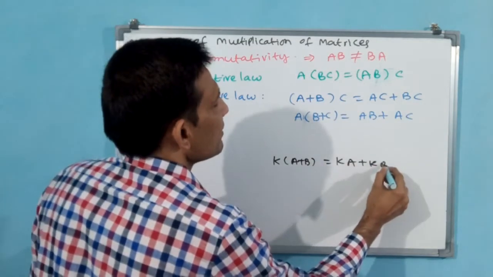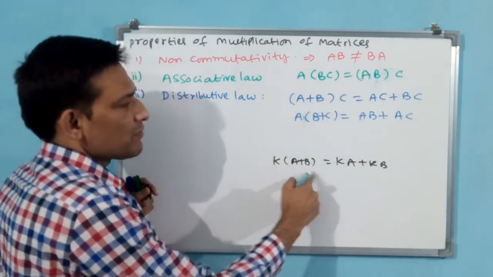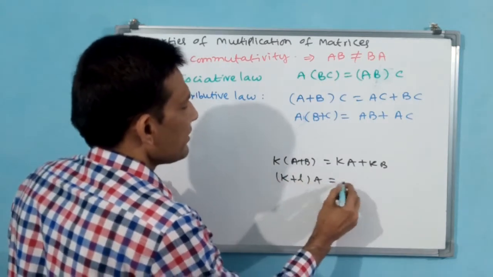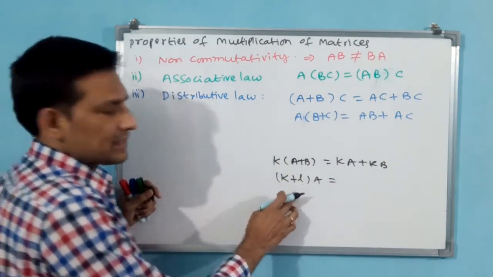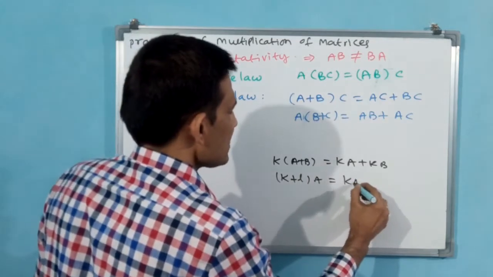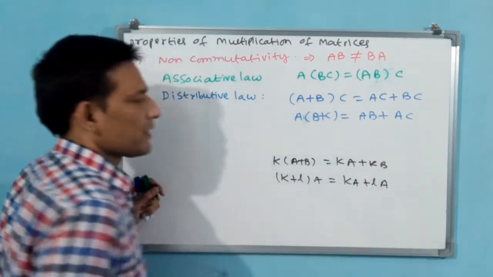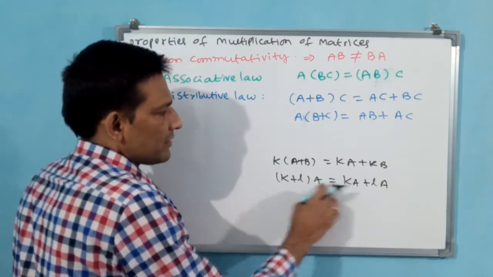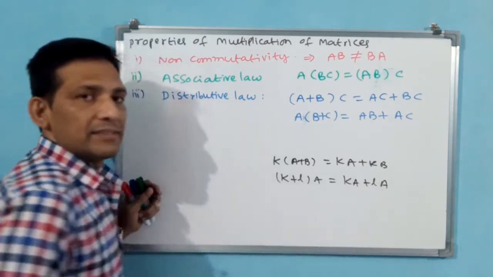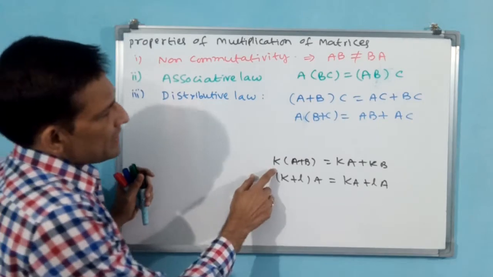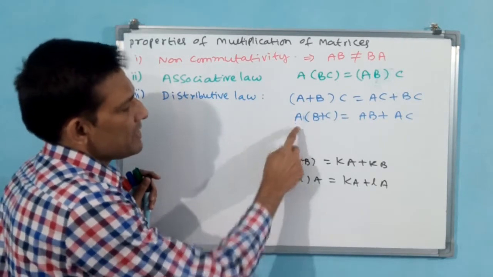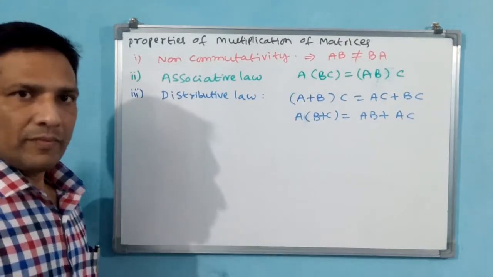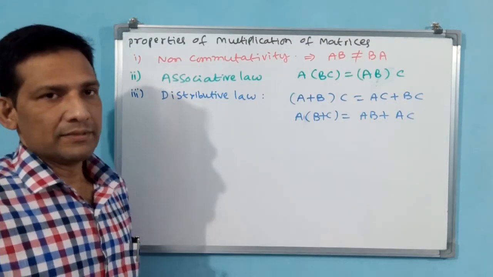Here also, left to right. Another one we have seen: (K plus L) into A equals KA plus LA, where these 2 are scalars. Left side K, right side A; left side L, right side A. The same we have replaced here: K replaced by A, K plus L replaced by A plus B. That's all.